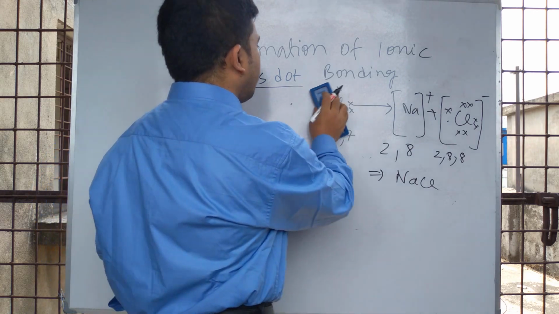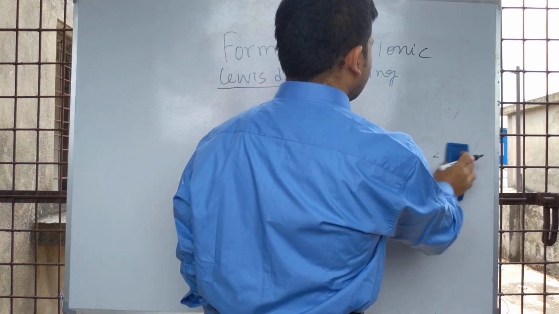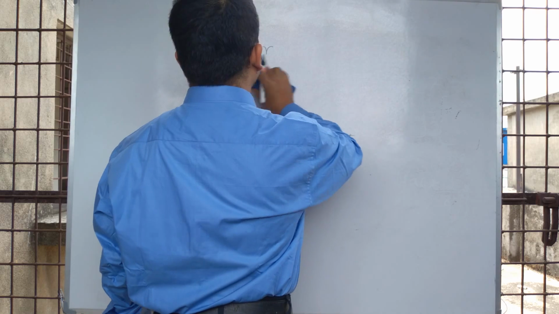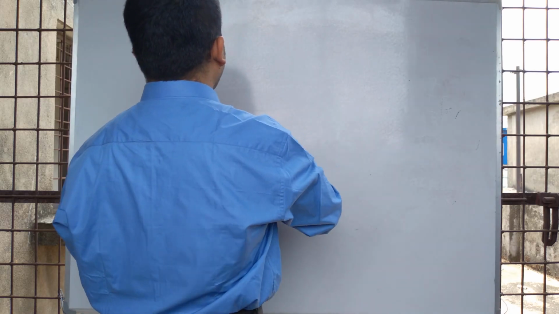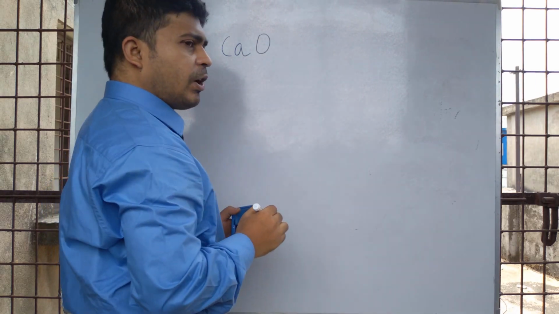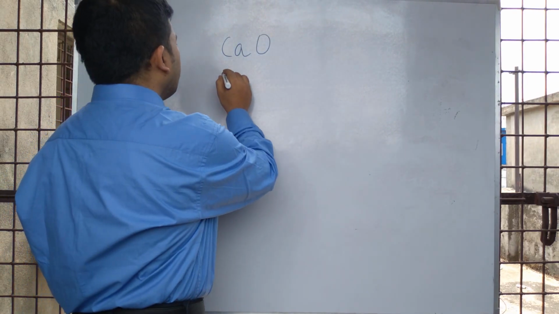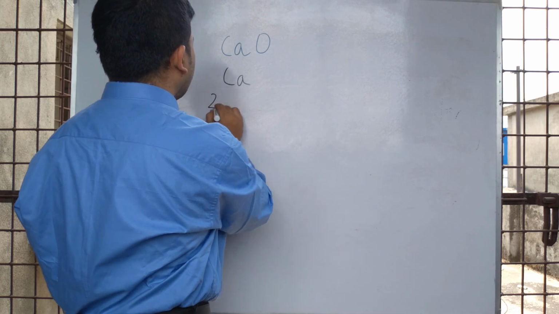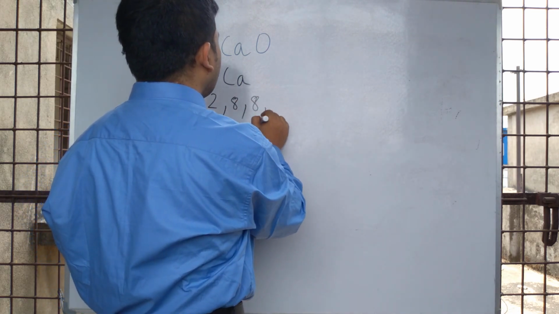We take another example for ionic bonding formation. Suppose we take the example of calcium oxide. In this case, calcium has the electronic configuration 2, 8, 2.